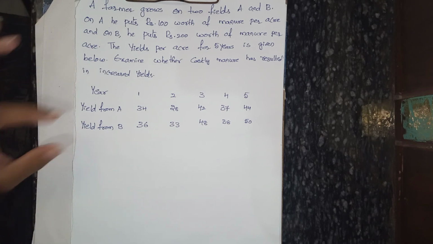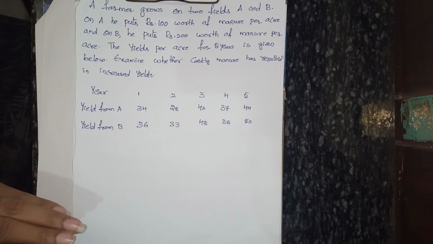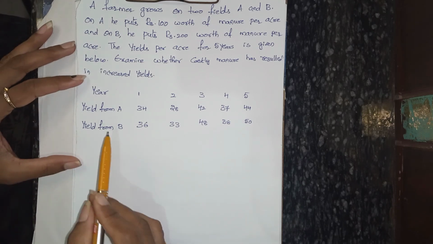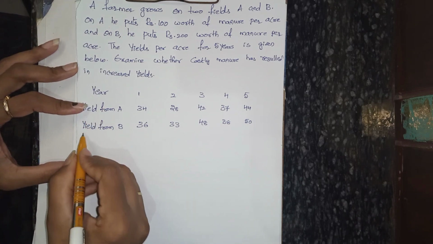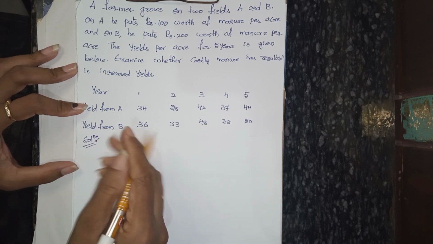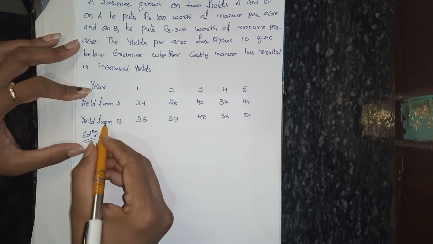Whenever there is a concept of before and after, at that time we have to use the paired t-test. So let's solve this problem. It comes under the paired t-test.